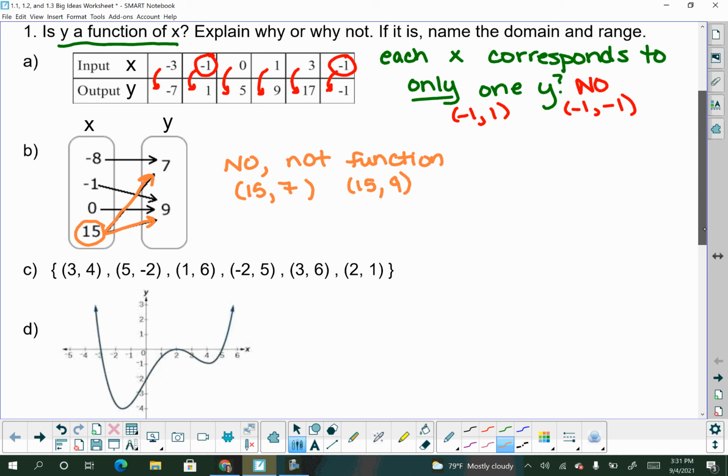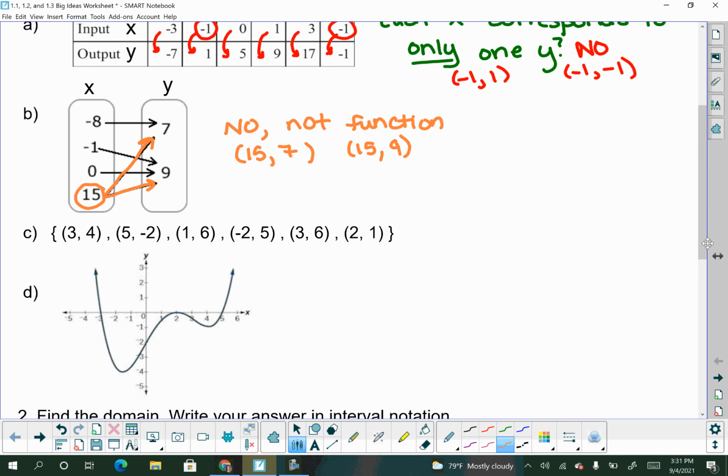Next, in part C, we have sets of points. Again, just another way to organize this information. So 3 goes to 4, 5 goes to -2. So far, none of my x values are repeating, so we're good. -2 goes to 5, 3 goes to 6, and that's a problem. 3 went to 4, and 3 went to 6.